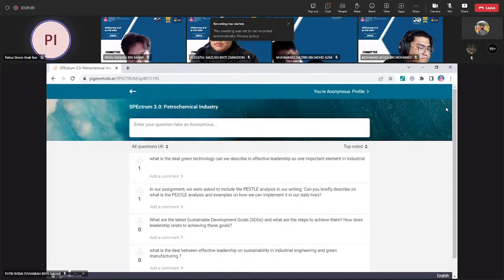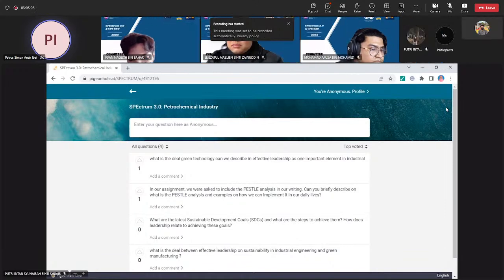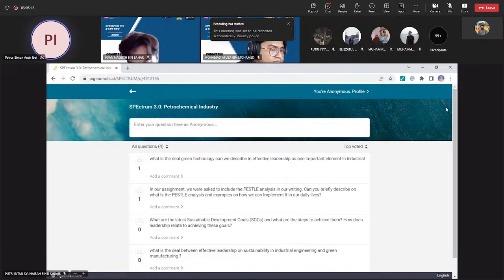And how does leadership relate to achieving these goals? Of course, this is also important. If you go for business 101, usually the top-down approach will drive faster. This is the reason why large corporations like BASF are taking the lead in sustainability topics.